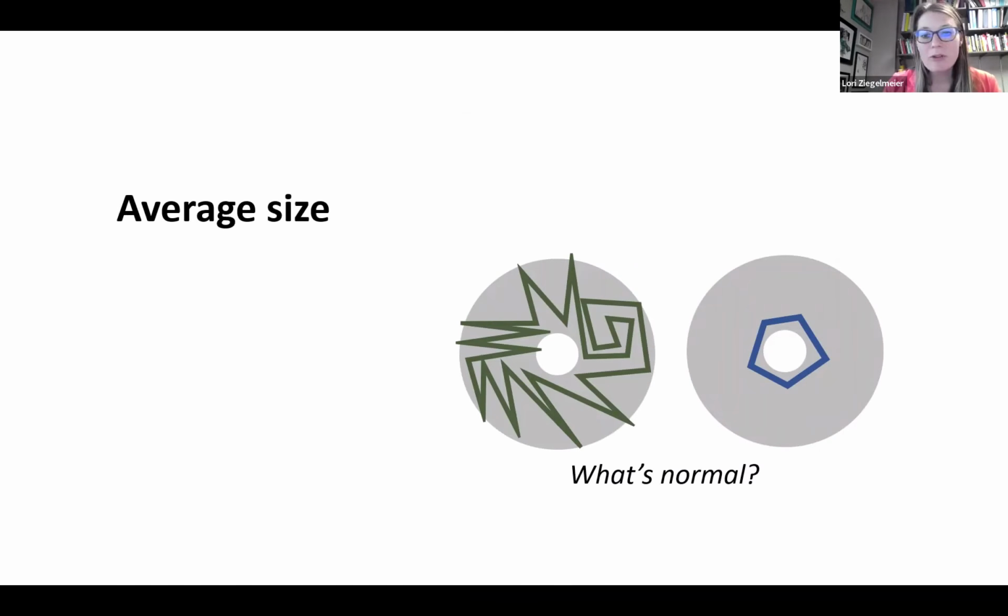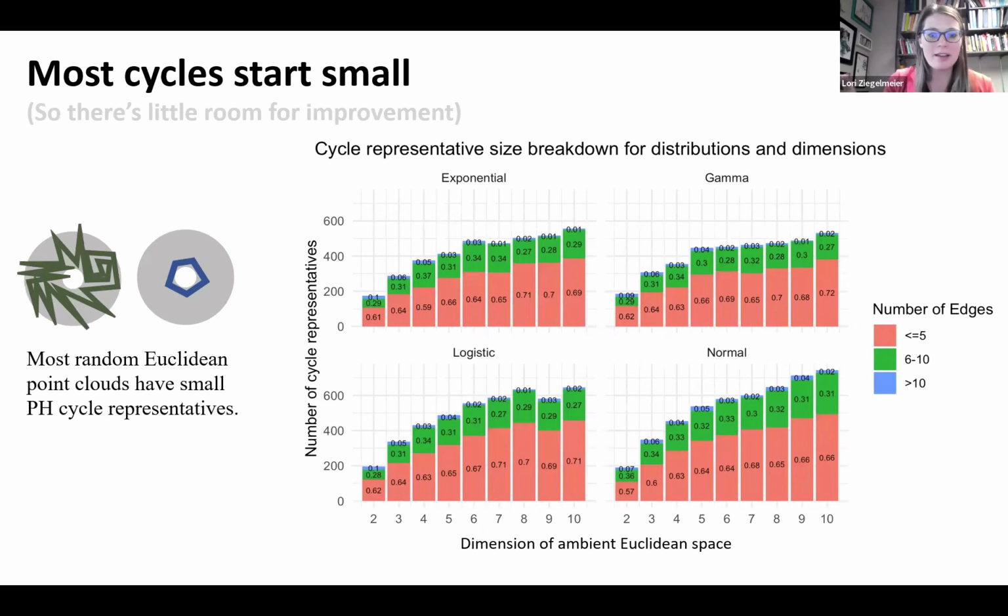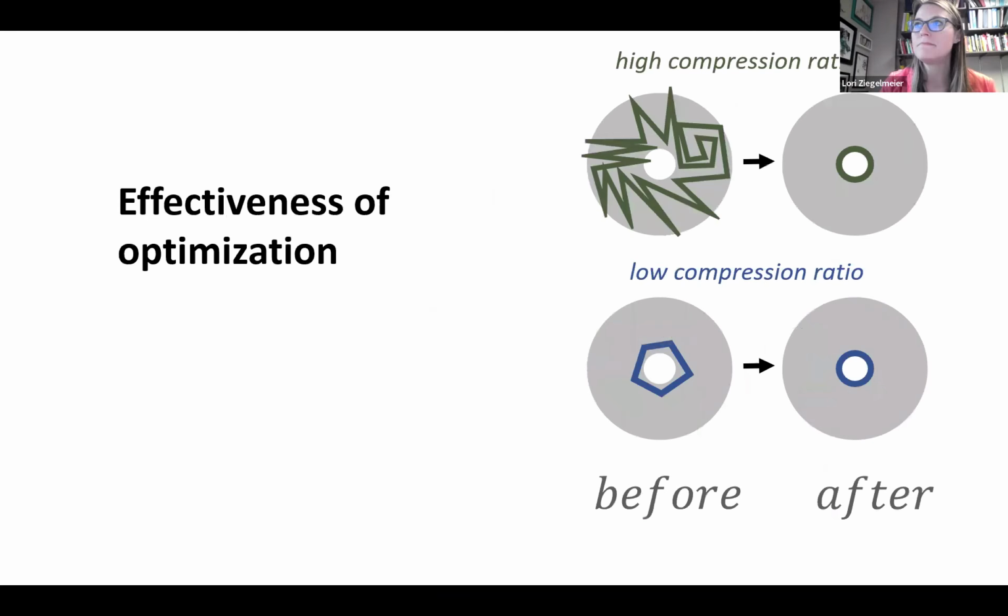If we consider the average size, we looked at an experiment where we look at various original cycle representatives, and we look at the size breakdown for distributions and dimensions. And it turns out that most cycles start small. So you can check that out more if you want.